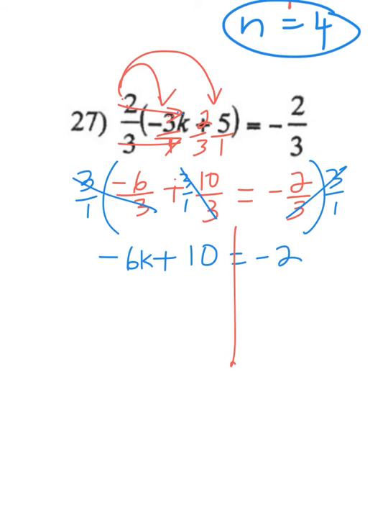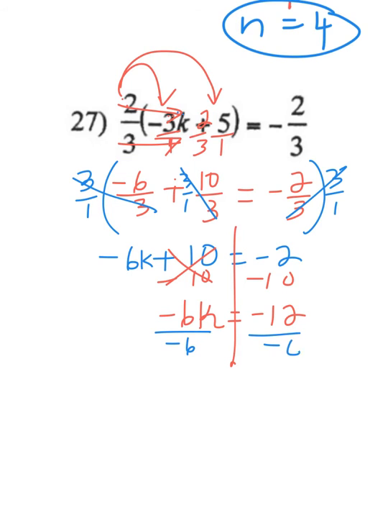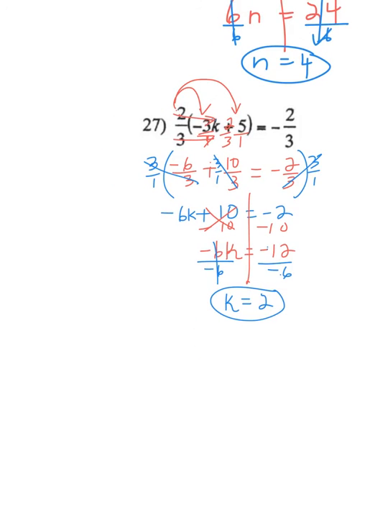So subtract 10, that cancels out. Negative 6k equals negative 12. Divide by negative 6, divide by negative 6. 1k equals 2. Positive 2, because two negatives are a positive.